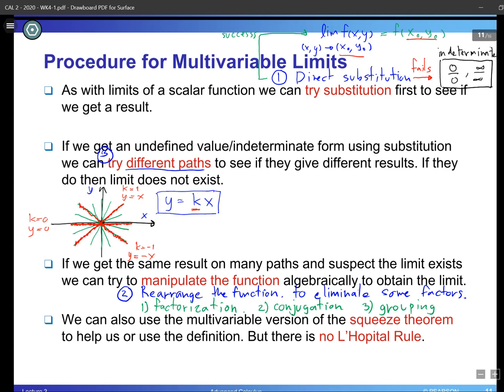As you can see here, this y equal to kx represents all the straight line directions by which you can approach the origin. All right, so let's make a note here. What you see right here is all straight line directions.